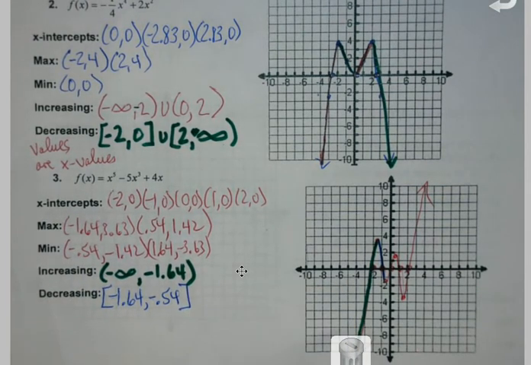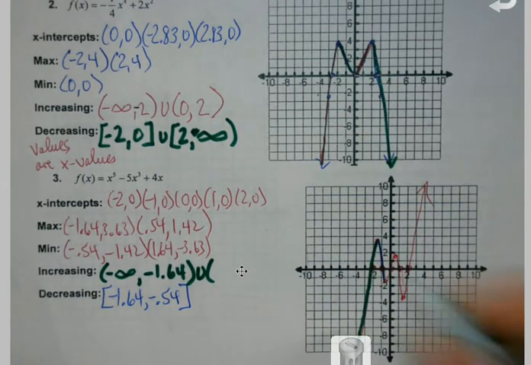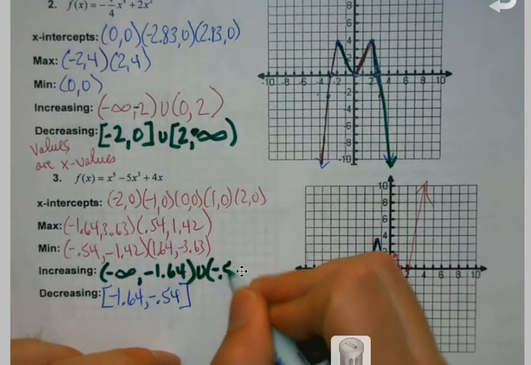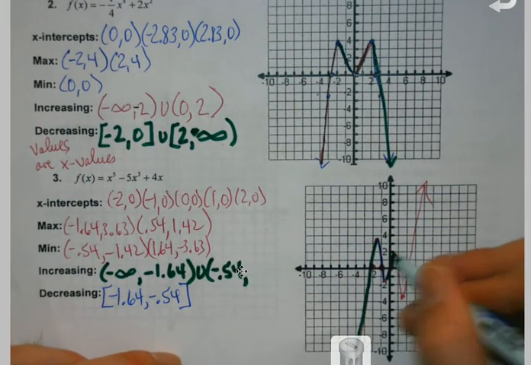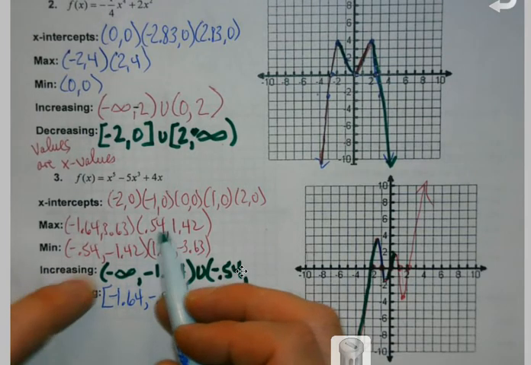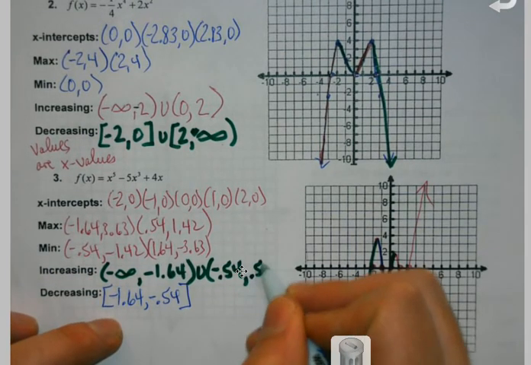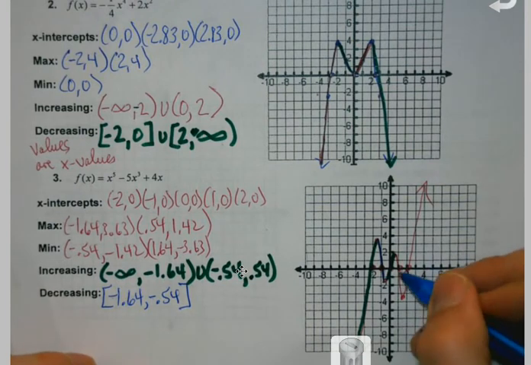Okay, we'll get that closed up. So then my increasing starts again at that negative 0.54 and heads up until I hit my second maximum at 0.54. Then it stops. Then I get ready to head down again.